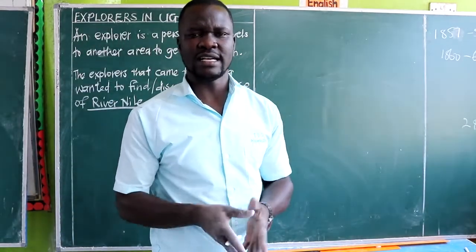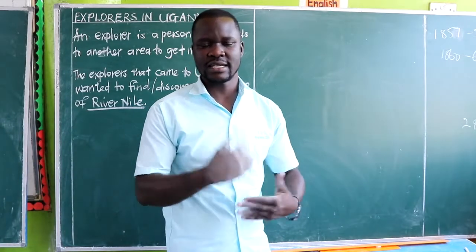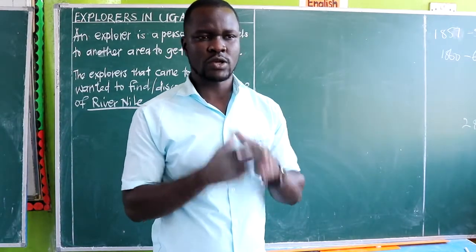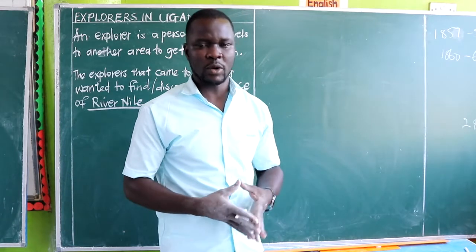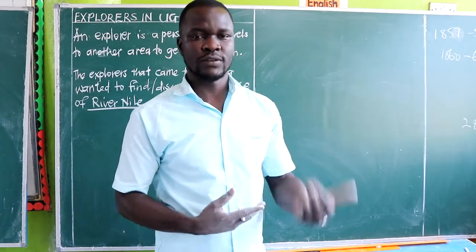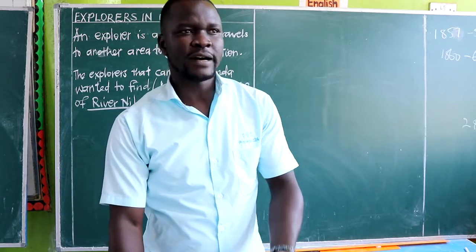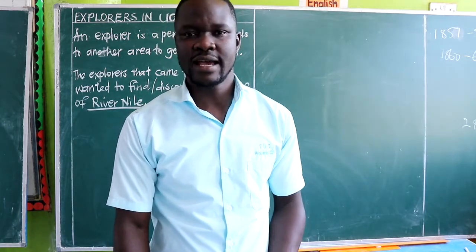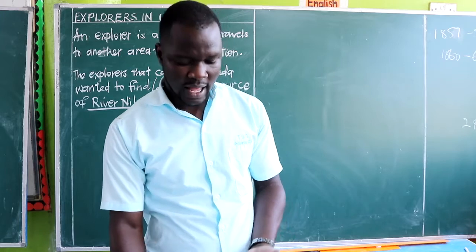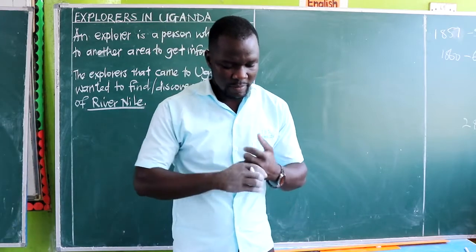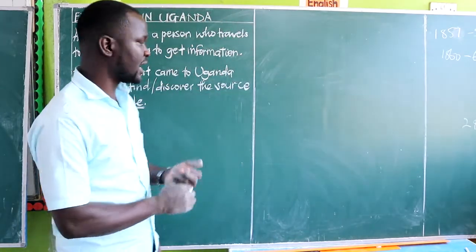We looked at rivers and we understood those terms that are related to rivers. We talked about a source. We said a source is a point where a river starts to flow. So in other words, these explorers wanted to find where River Nile started flowing. And for that, they ended up being sent to Uganda.